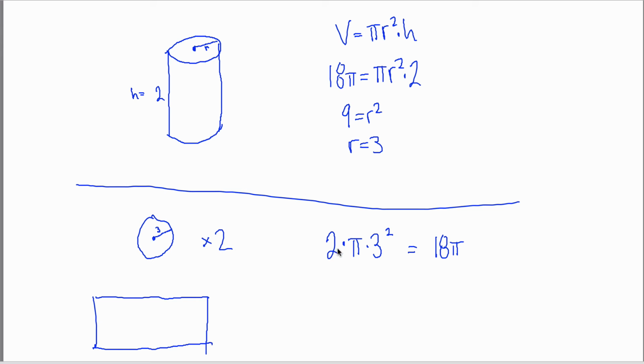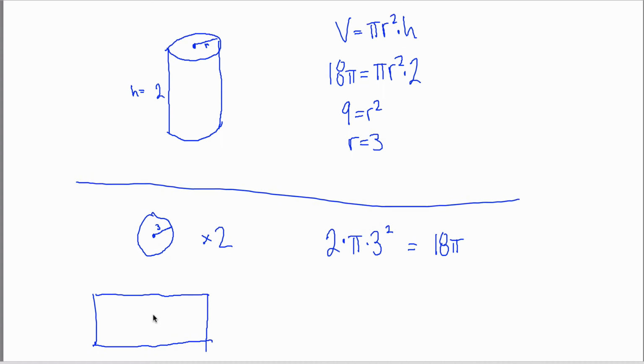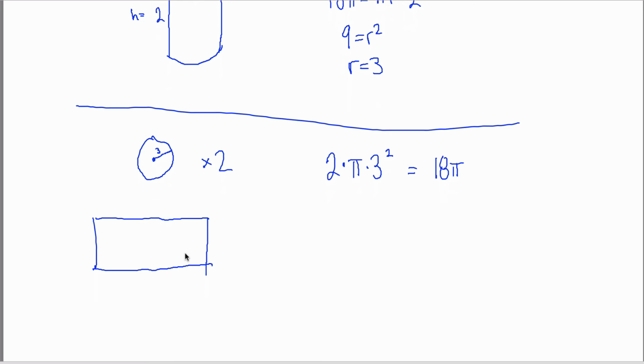That is the area of the 2 circles, but I still need to worry about the area of this rectangle. Well, its height is given to me to be 2, and the length of this side is exactly the circumference of one of these circles. And the circumference of any circle is 2 times pi times r, and r is equal to 3 in this case.